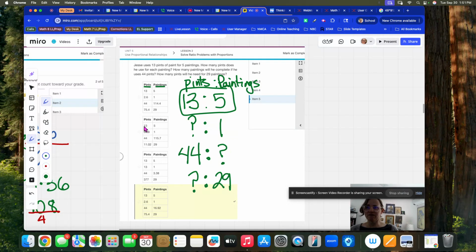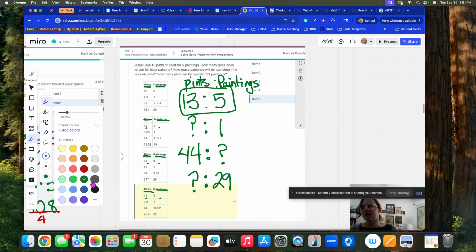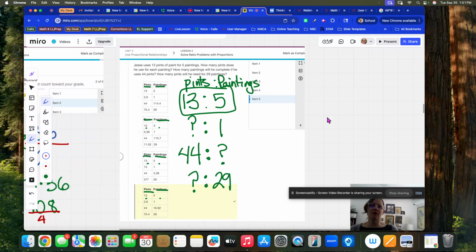You have 13 to 5, 13 to 5, pints to paintings, 13 to 5, 13 to 5. So the ratio they gave us is correct in all the answer choices. Darn, I was hoping we could eliminate one, but we can't. Okay, so let's make our word ratio. And then we'll make our proportions.